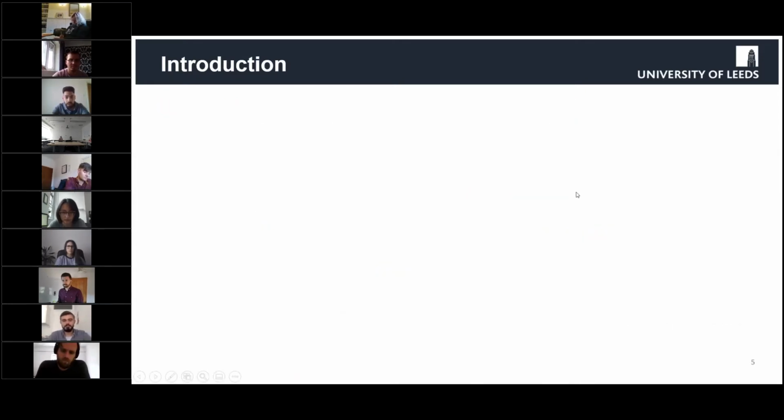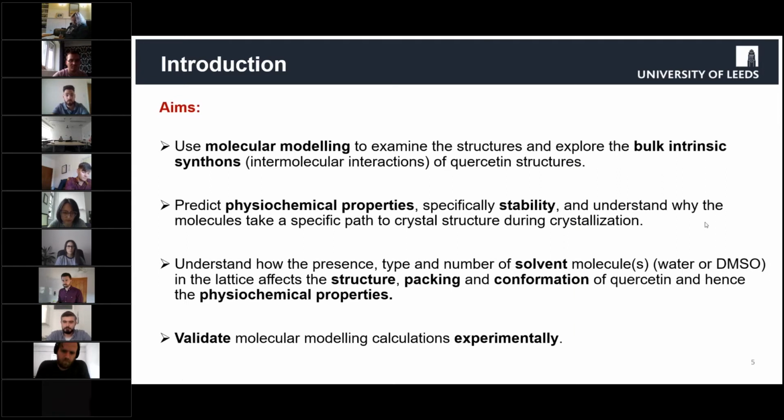In this work, the aims were to use molecular modeling to study the bulk intrinsic synthons, which are the intermolecular interactions of the different quercetin structures, and use that information to predict some of the physiochemical properties, specifically thermal stability, and also understand why the molecules take a specific path to the crystal structure.